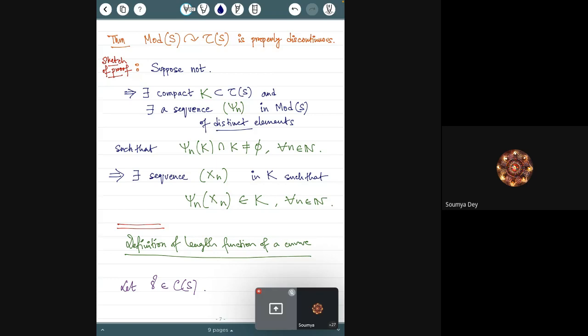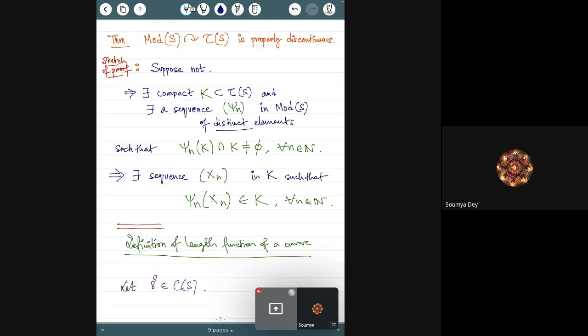Now, what will this imply? So you have a sequence of distinct elements, psi n, and you apply them on this K, and the intersection is non-empty for every such psi n. This will say that there exists a sequence xn in K, where this xn is a hyperbolic structure, an element of the Teichmuller space, such that psi n of xn will belong to K for every n.